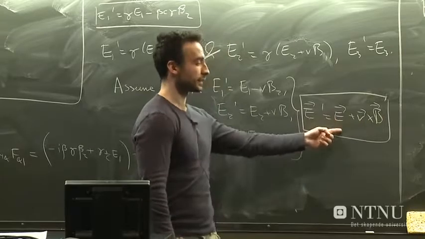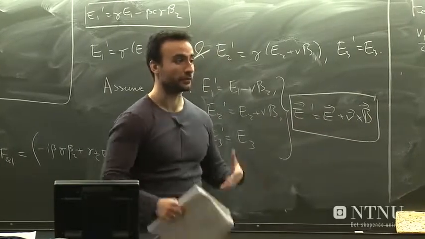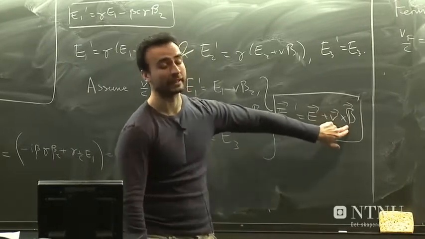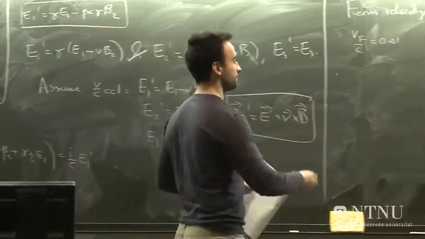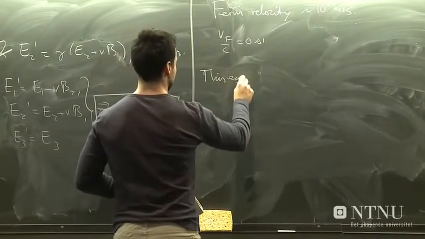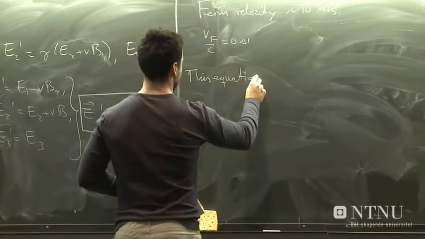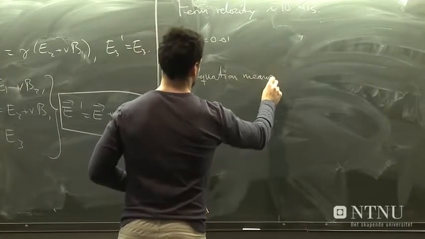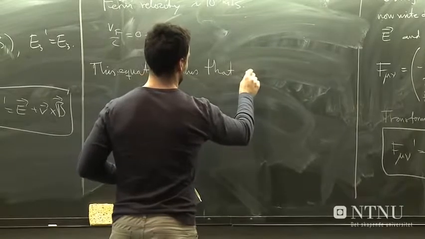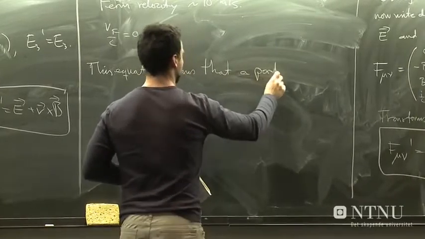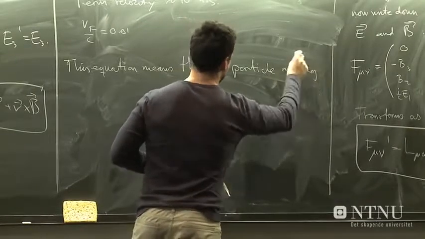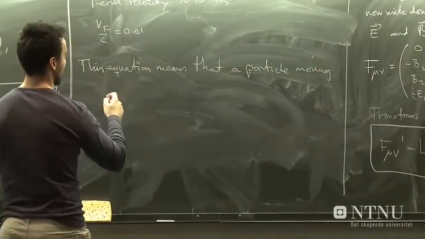So even if the electric field is zero, the electron feels an electric field if it's moving in a magnetic field. It has to be a charged particle.